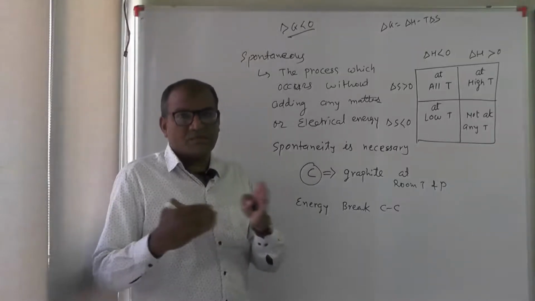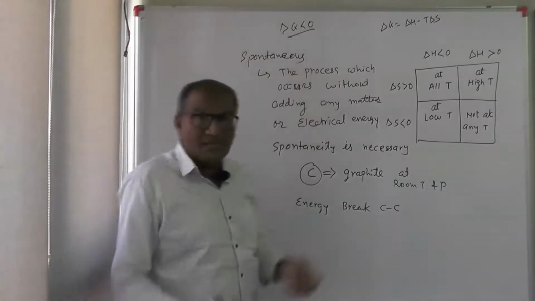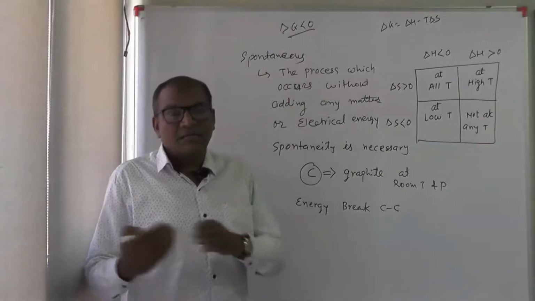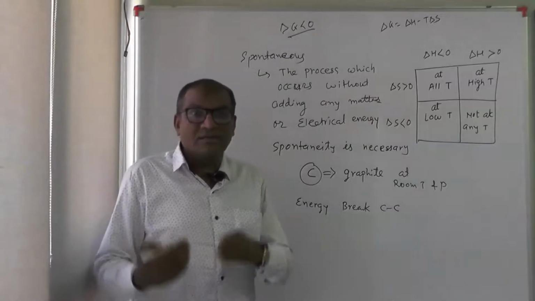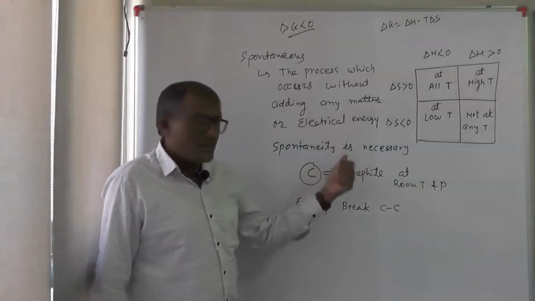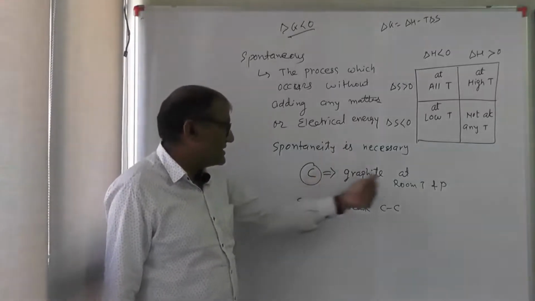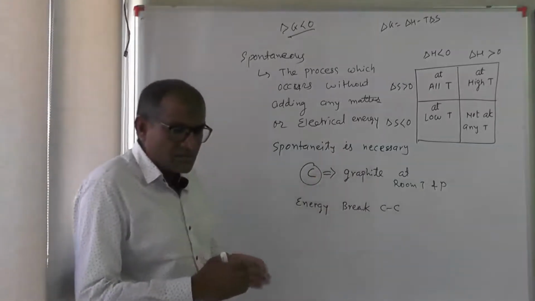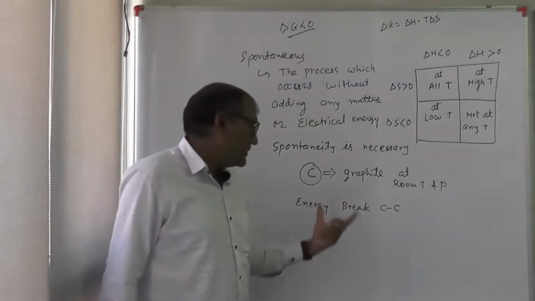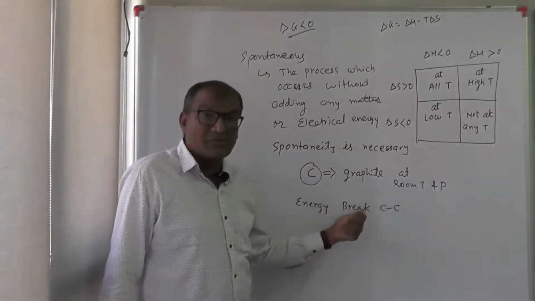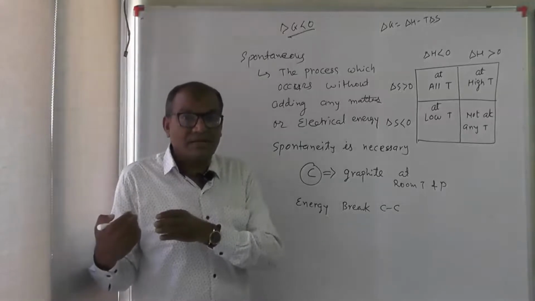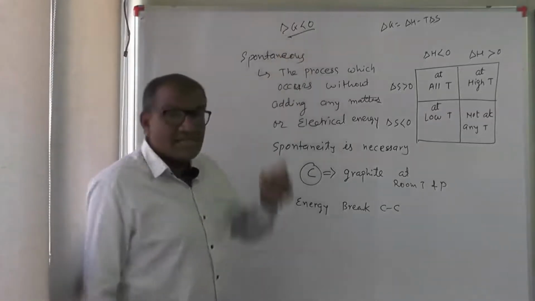Based on a spontaneous process, or based on delta G less than 0 or greater than 0, you can't tell whether the process will occur in reality or not, because sometimes it is not sufficient. You have to add something. So in this reaction, if carbon is converting into graphite, then you require some amount of energy to break this carbon-carbon bond, and that is larger than the free energy change, because delta G is negative.